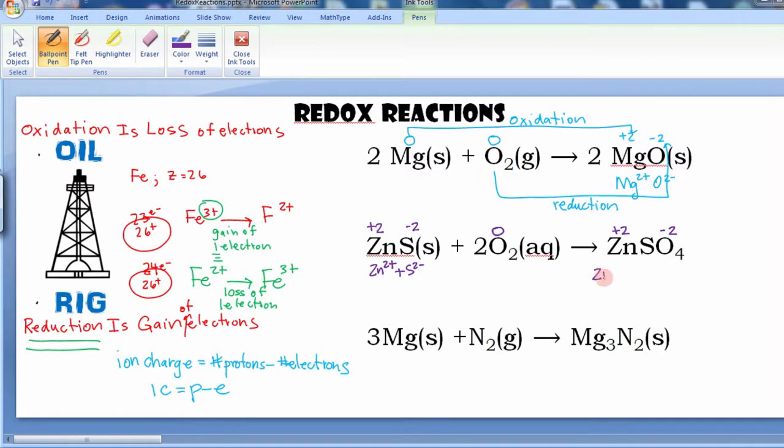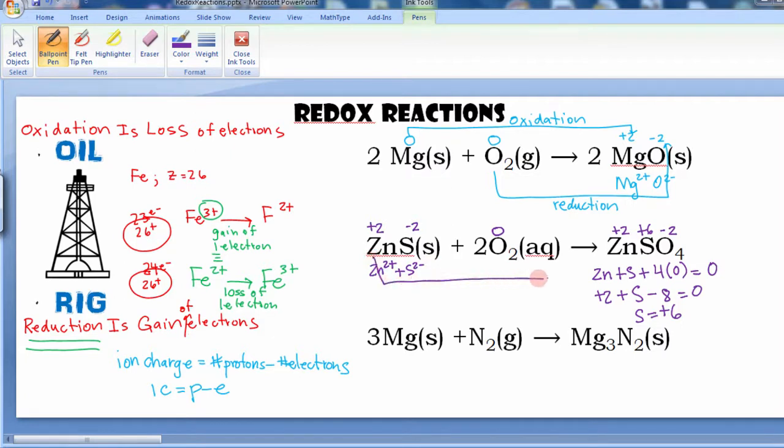So we can say zinc plus sulfur plus 4 oxygens, oxidation number, is equal to 0. This is a neutral compound, so that's plus 2. The unknown here is sulfur, and we get a minus 8. Just skipping a couple of steps, equals 0. Sulfur is plus 6. You should already know how to do this. Okay, so look what happens.